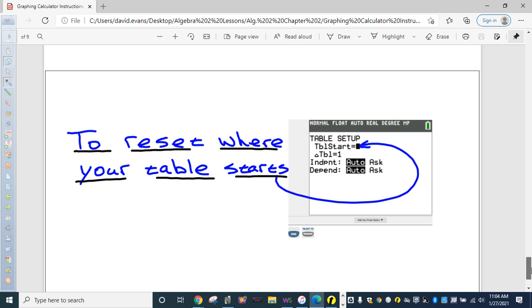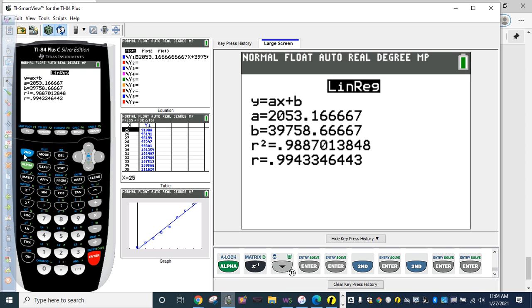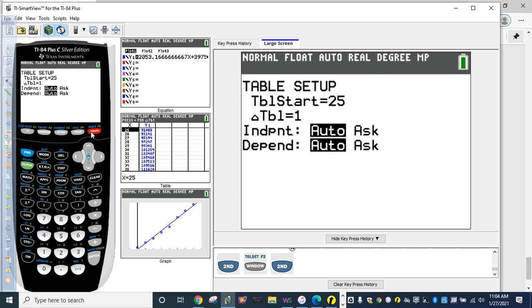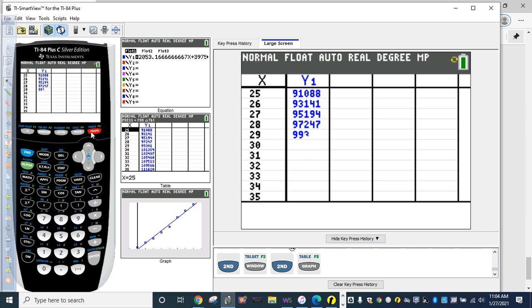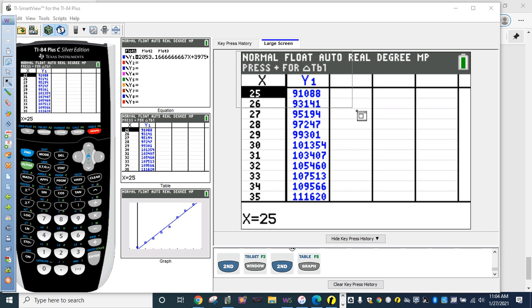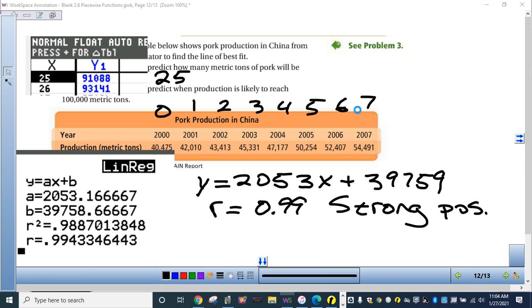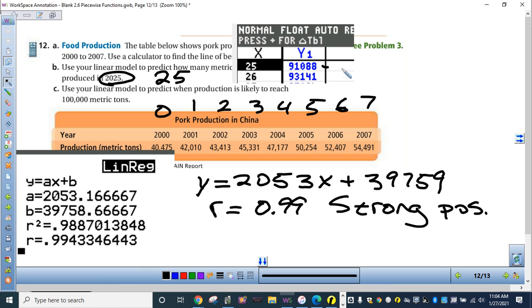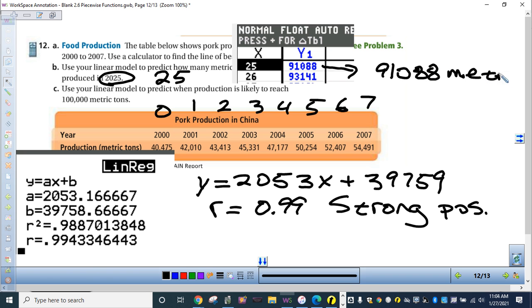To do that, I hit second window, and I want my table to start at 25. Then you hit second graph to see what number it is. So at 25, we get this number right here, 91,088 metric tons of pork.